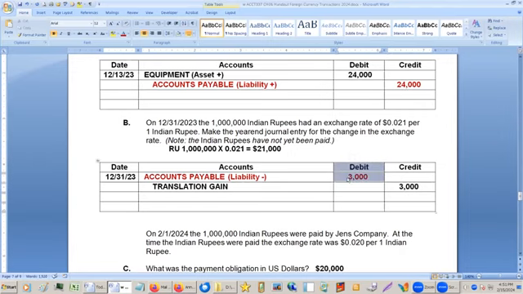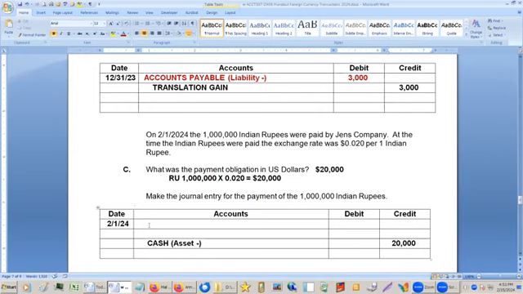Yeah, 24 minus the 3. So we took 3,000 out of our accounts payable. So we no longer owe 24. We owe 21. We're paying off the liability, 21,000. So we paid off a $21,000 liability, but we paid it off with 20,000.